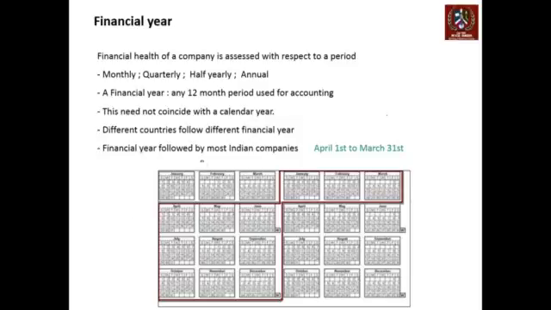If this was 2015 and this is 2016, essentially when we say financial year 2016, this would be from April of 2015, and that's 1st of April 2015 to 31st March 2016.